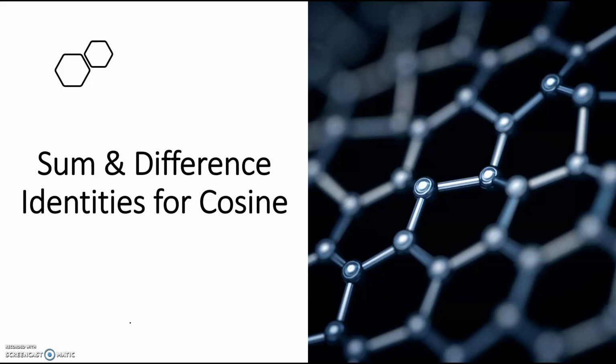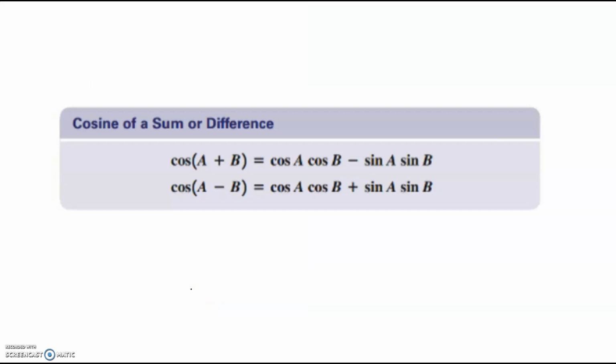Alrighty, so here we have the sum and difference identities for cosine, okay? So cosine of A plus B is equal to cosine of A times cosine of B minus sine of A sine of B. So whenever you're taking the cosine of two angles being added, or you can break up the cosine into two angles being added, then that's equal to the cosine of the first angle times the cosine of the second angle minus, so notice the sign switch, the sine of the first angle times the sine of the second angle.